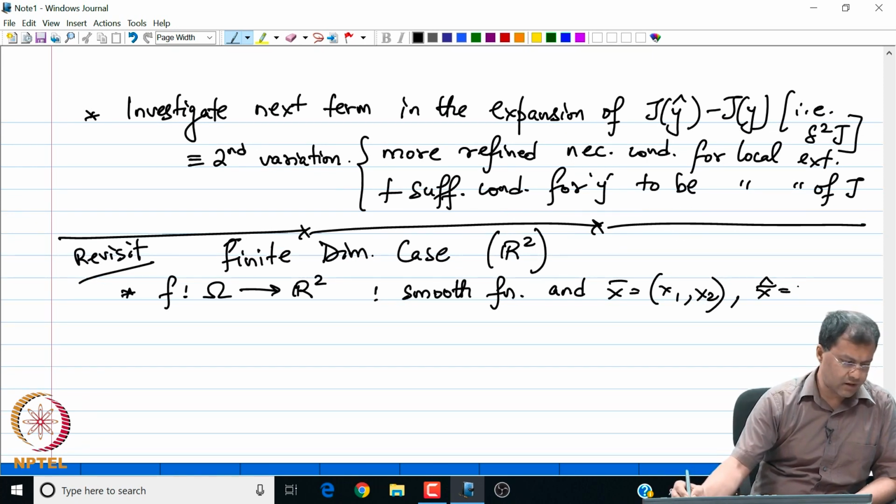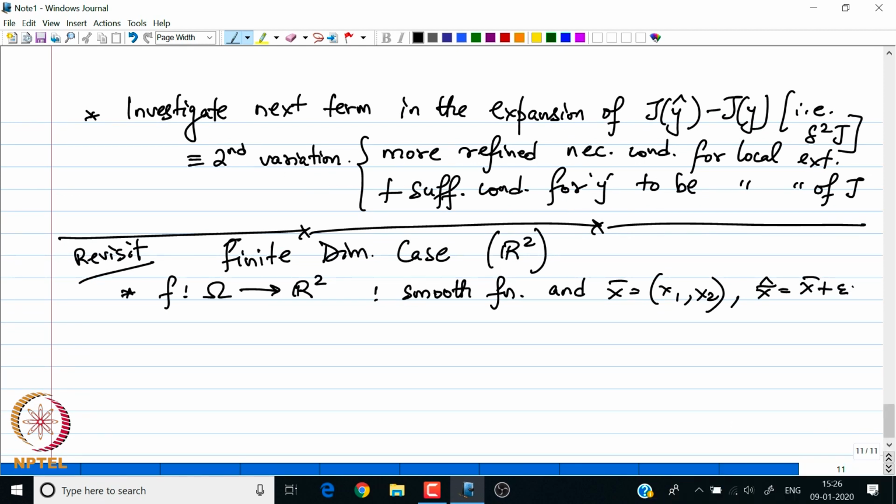So, the perturbation in x is said to be x bar plus epsilon eta, where epsilon is positive and eta is the perturbation vector eta 1, eta 2 in R2, right. So, I can expand my smooth function using Taylor series about some known point x bar.